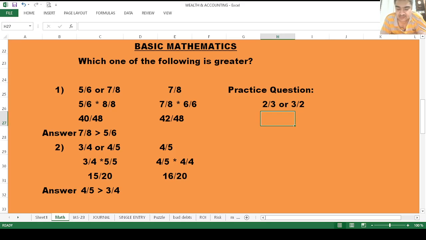and the method will remain the same. You need to make the denominators equal to each other, then you can easily decide which number is greater.